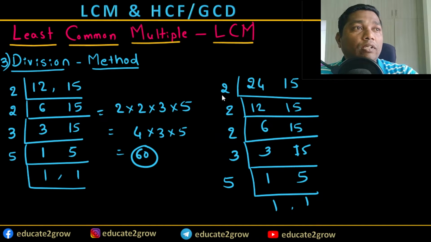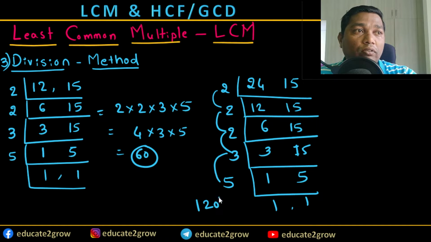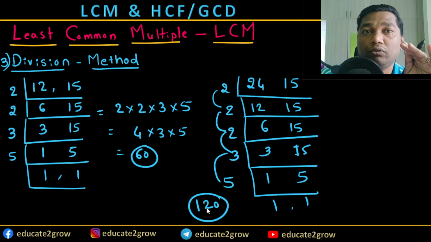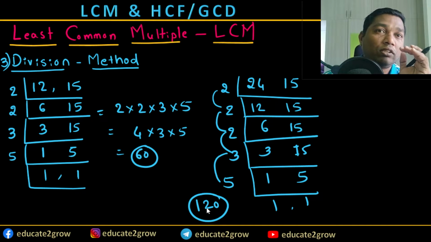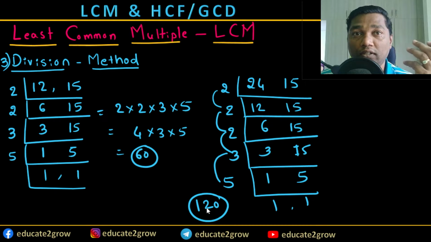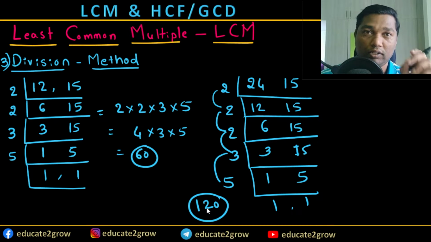So 2 times 2 is 4, 4 times 2 is 8, 8 times 3 is 24, 24 times 5 is 120. So this is the answer. This is the simple method which we are going to use, the division method. So this is the least common multiple method. That's all about the LCM. We are going to study HCF, or GCD, in the next section.